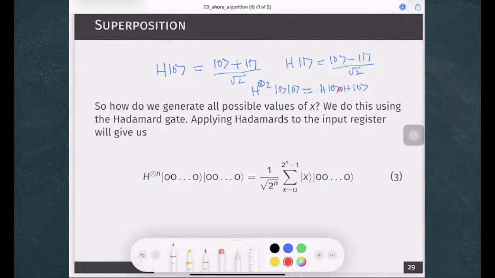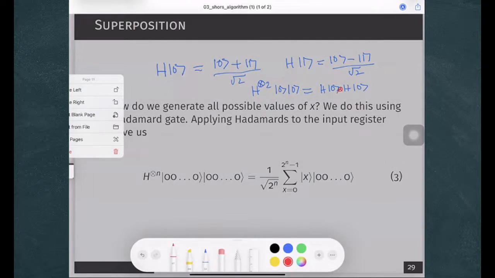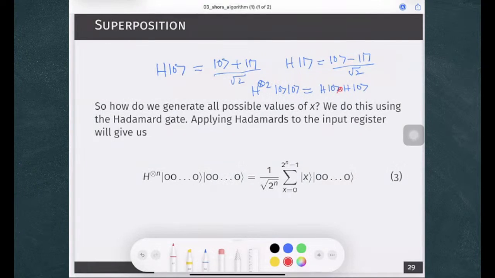If you perform the operation, you get H0 tensor H0. This will give you 0 plus 1 over square root of 2 multiplied by 0 plus 1 over square root of 2.